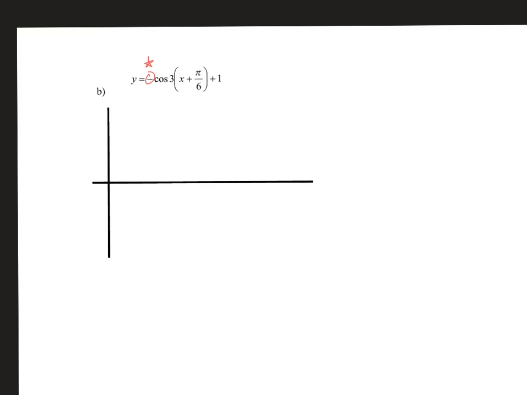This can be a bit of a trap problem because of what that negative does. In a sec I'm going to go through an approach that might bring to light the way that negative could cause us a problem. Secondly, we haven't dealt with one that has a phase shift, so the phase shift is also something we're going to want to focus on.